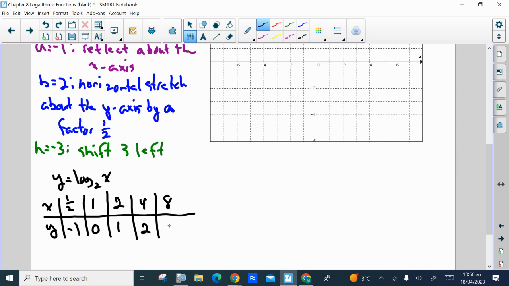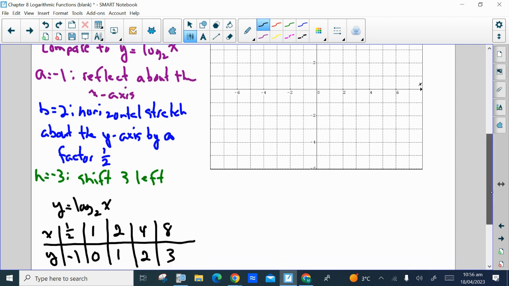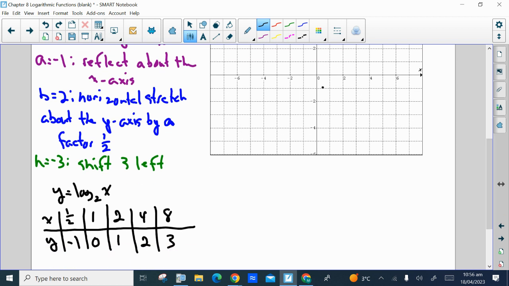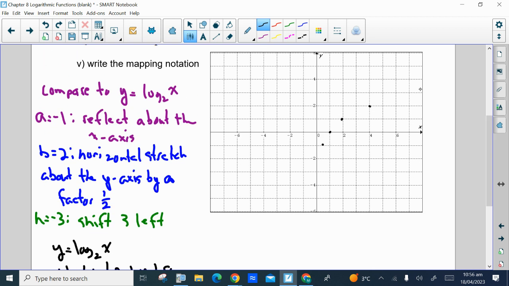Let x equal 8, because 2 cubed equals 8. So these are points on our original graph. I got the point 1 half comma negative 1, 1 comma 0, 2 comma 1, 4 comma 2, and 8 comma 3. Remember that unless the graph has been shifted left or right, the y-axis is an asymptote.